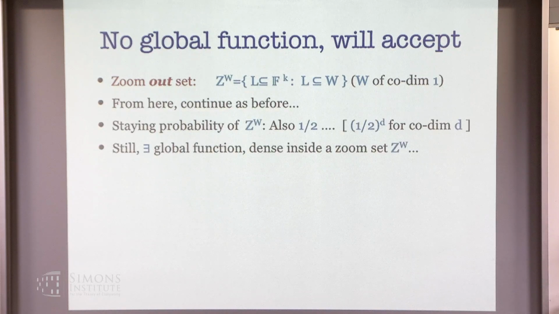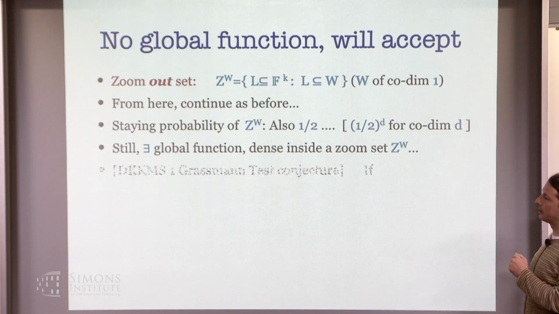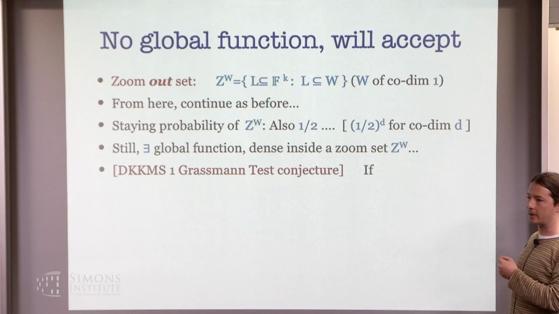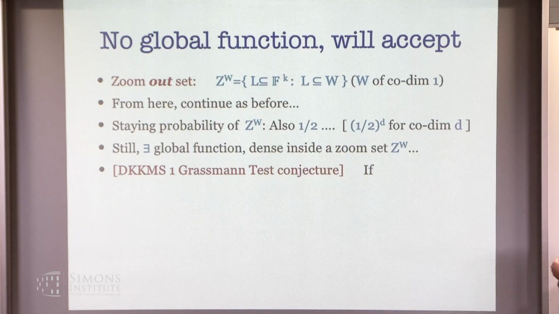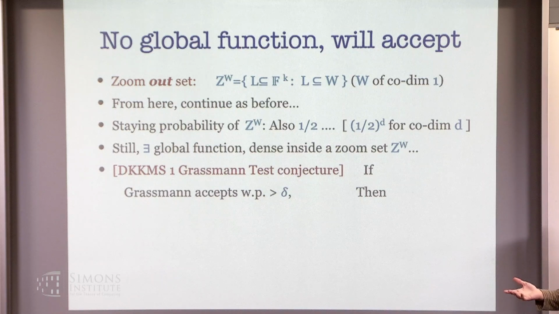Also, the staying probability is 1/2, and you can get a counterexample from that as well. Right, so there is no delta soundness in the usual sense, because we've seen two counterexamples.